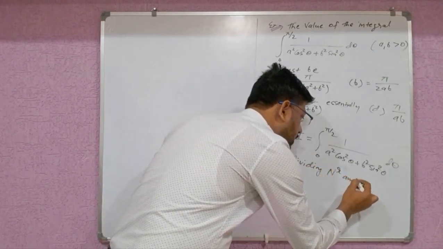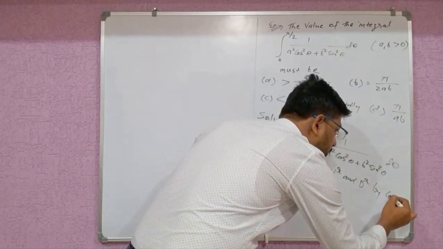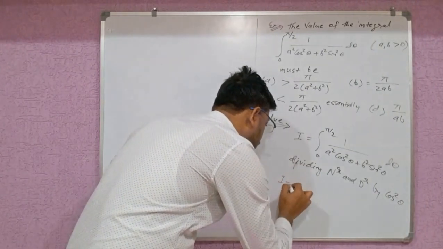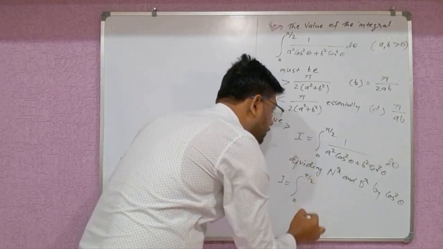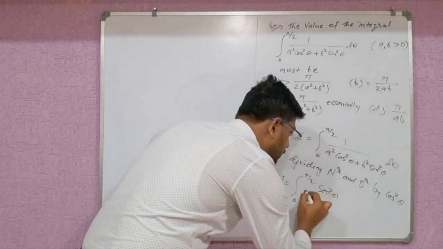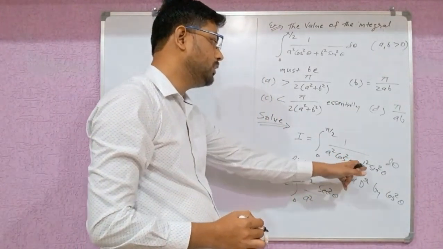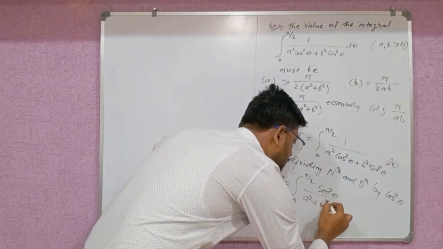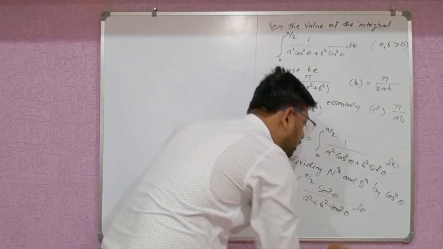So this I will be 0 to pi by 2, 1 by cos square theta, this will be sec square theta, divided by a square cos square theta will be cancelled, and this will be sin square theta by cos square theta, this will be tan square theta, this will be b square tan square theta d theta.